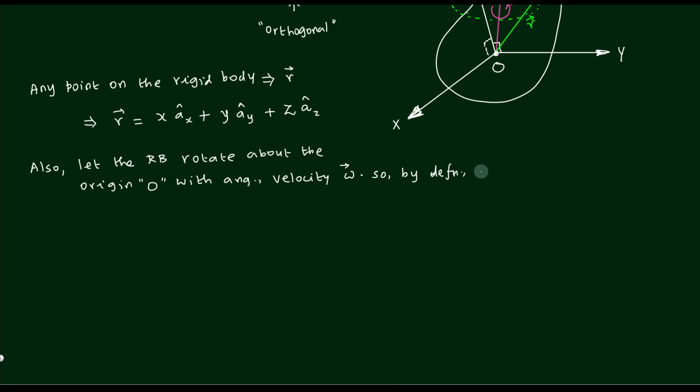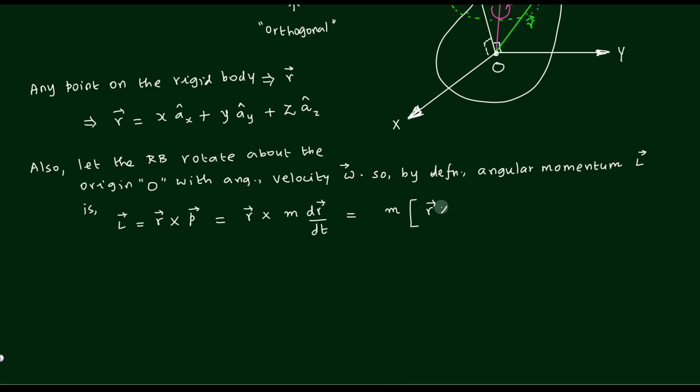The angular momentum is given by the standard r cross p formula, which you can simplify as r cross m times dr by dt, which is equal to, you simply substitute, m times r cross omega cross r now. This becomes omega cross r.